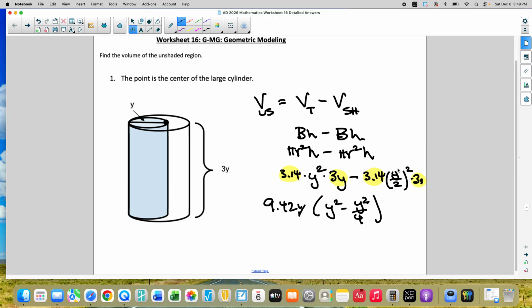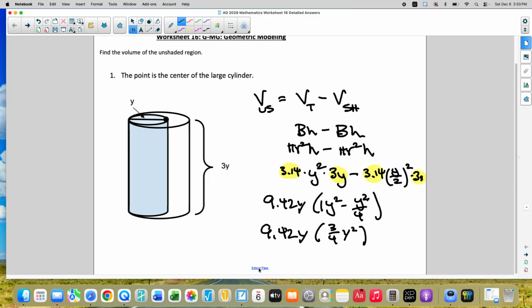Everybody agree, right? We distribute the y squared to the numerator and denominator, and this is 1. So this is 1 minus 1/4, which is 3/4. So we have 9.42y times 3/4 y squared.